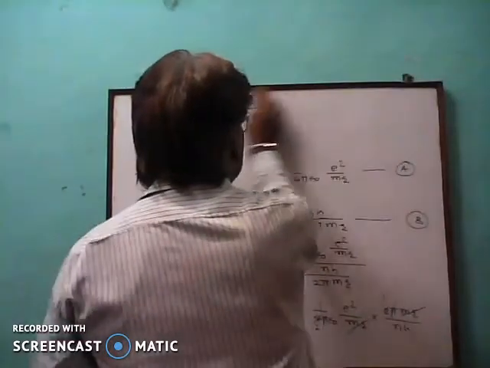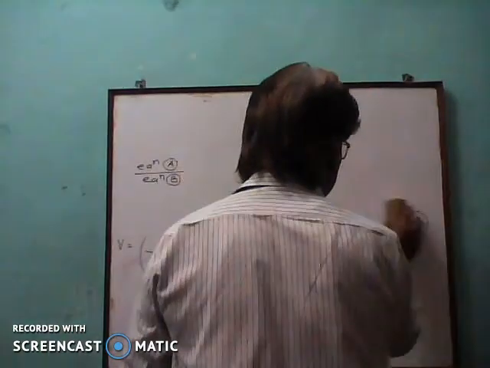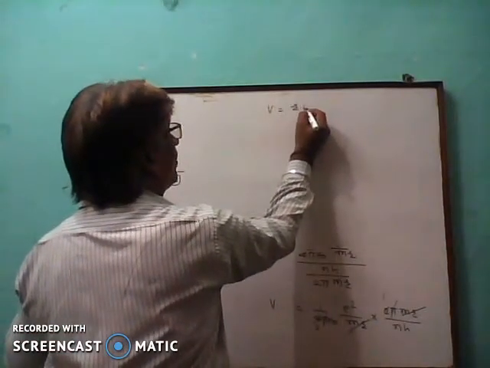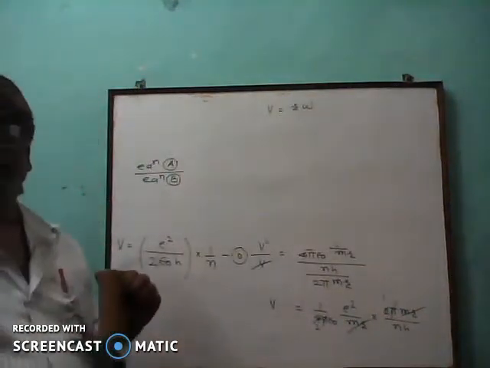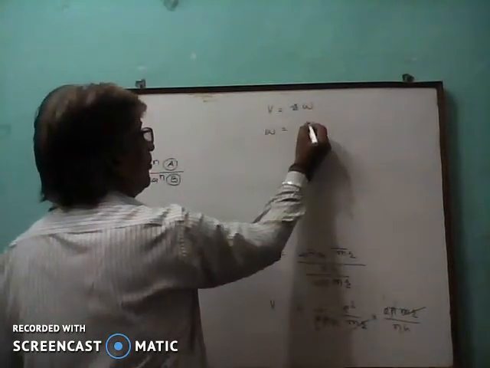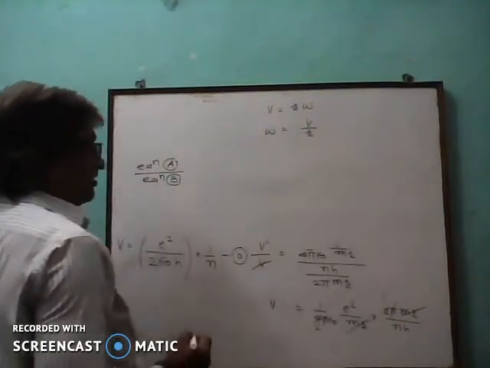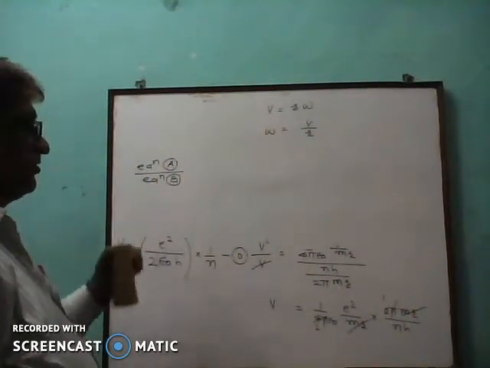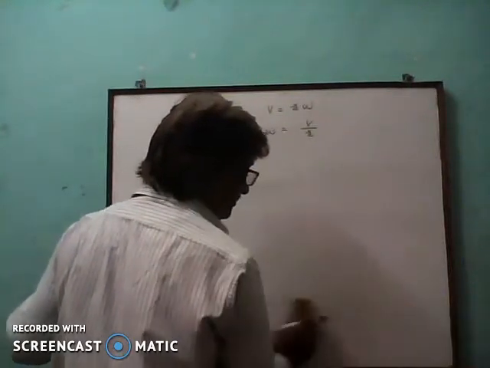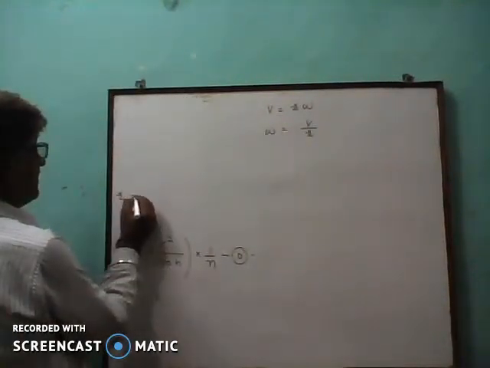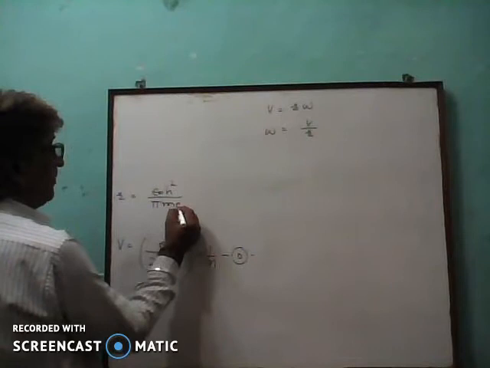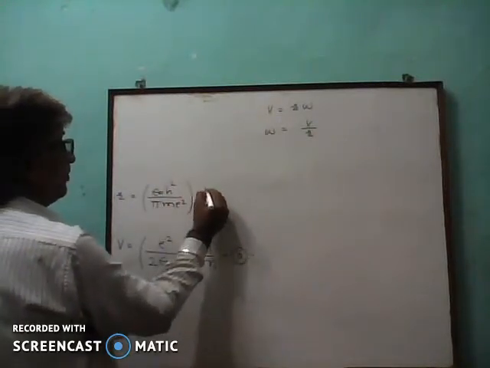So we can calculate the angular velocity of the electron. We know the relation between v and angular velocity: v equal to r omega. So omega is equal to v upon r. Substitute the value of v and the value of r. Actually r is epsilon 0 h square upon pi m e square into n square.